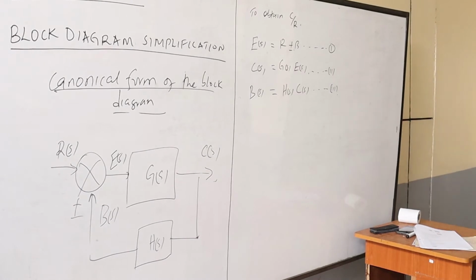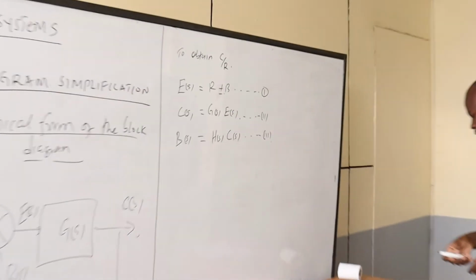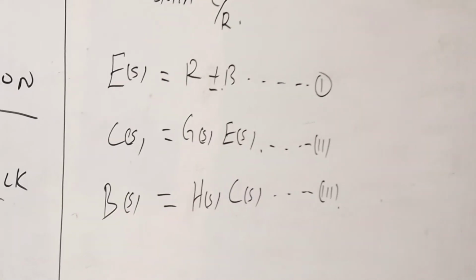So for us to obtain C over R, we can use the second equation and substitute these values.